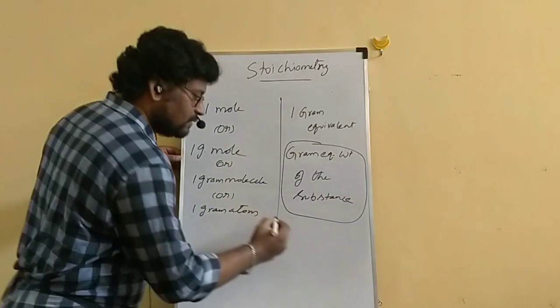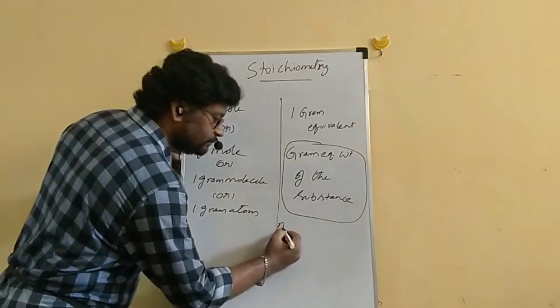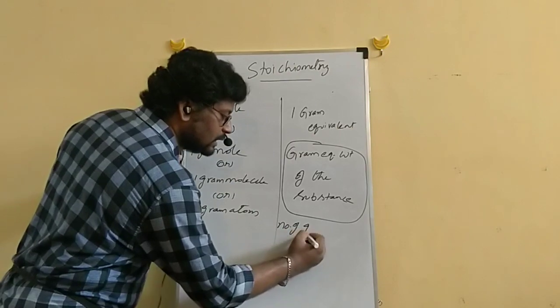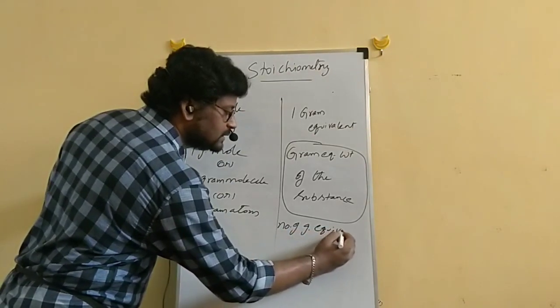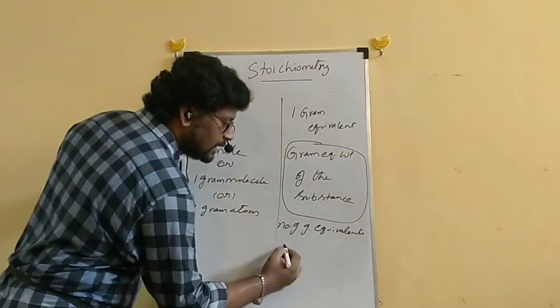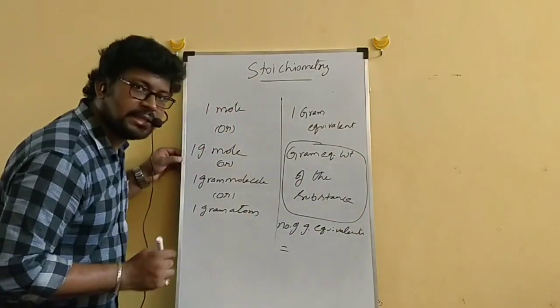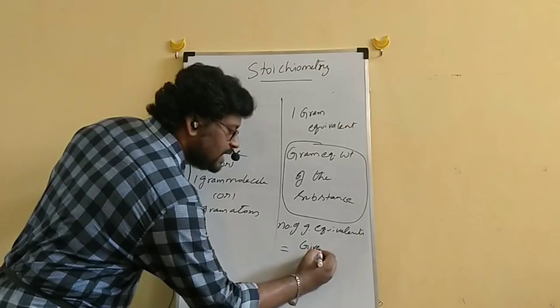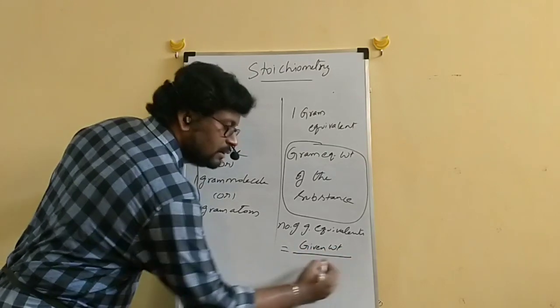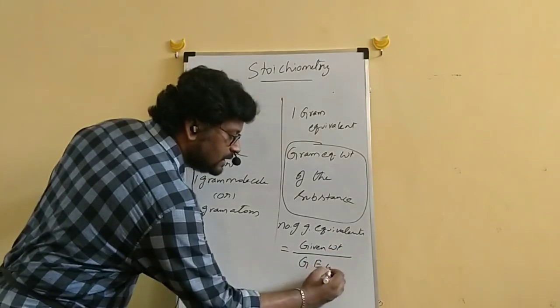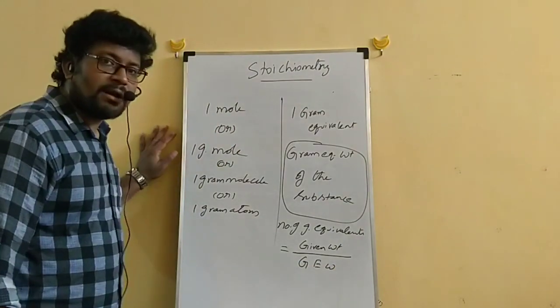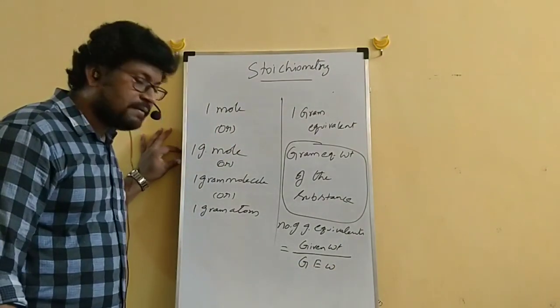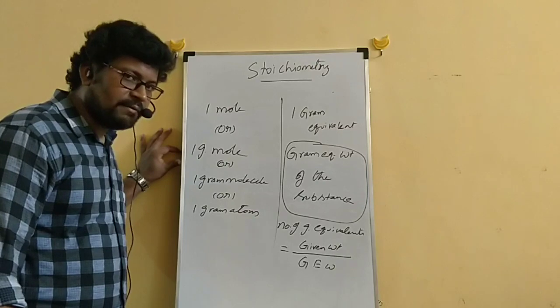Depending on this, we can get one formula: number of gram equivalents is equal to given weight divided by gram equivalent weight.